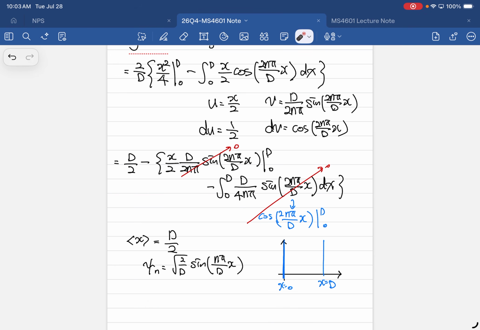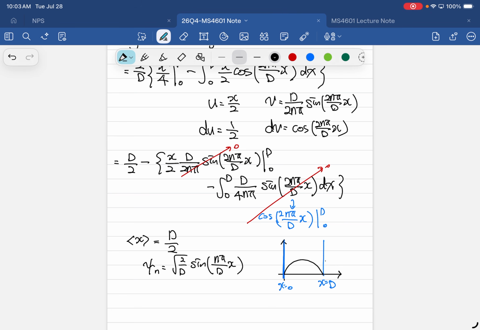basically these are the walls, right? And outside of the walls, the wave function is 0. But inside this cavity, inside this well, we can describe the wave function, and obviously it depends on the shape, depends on n, right? So for example, when n is 1, it looks like this.